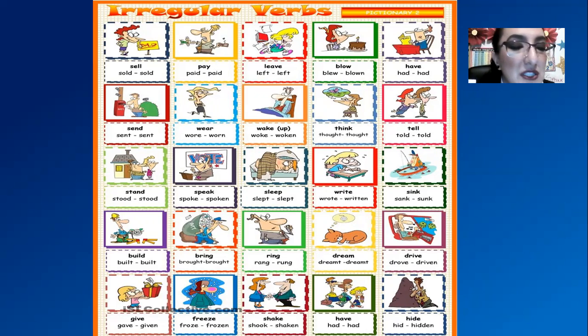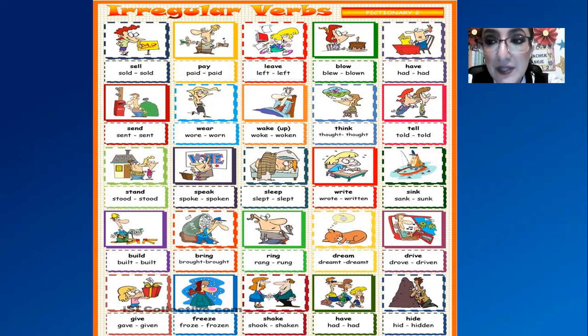Stand, stood, stood. If you are lucky and you find verbs that are the same, like stand, stood, stood, they are almost similar in each of their forms. Sleep, slept, slept. Ring, rang, rung. Okay, but indeed, yes, we are going to be having regular and irregular verbs.